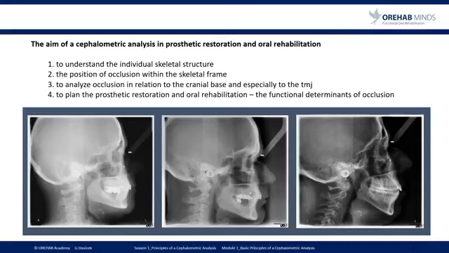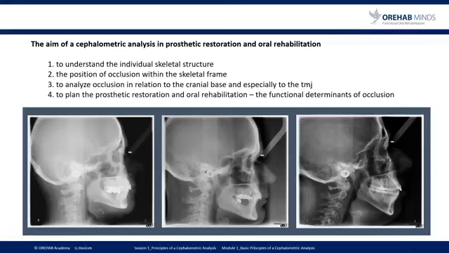The aims of a cephalometric analysis in prosthetic restoration and oral rehabilitation are manifold. We want to understand the individual skeletal structure. We want to understand the position of occlusion within the so-called skeletal frame. We want to analyze occlusion in relation to the cranial base and especially in relation to the TMJ.